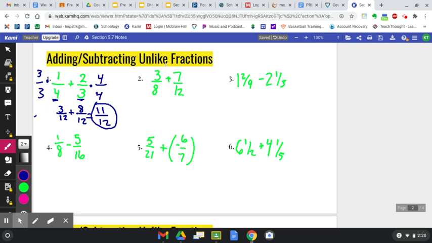For example, let's say that I didn't know that 24 was the common multiple between these two. I could simply say, here this would be times 8, and then I'm going to take the 12 and multiply over here, both top and bottom. Our numbers are just going to be bigger.